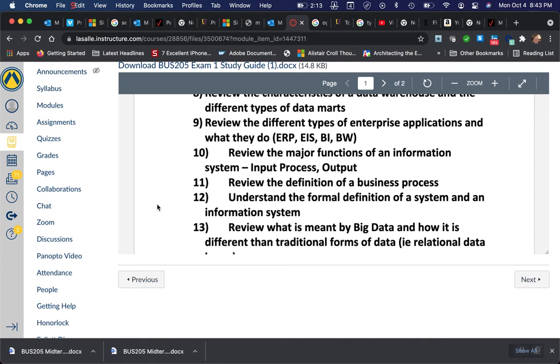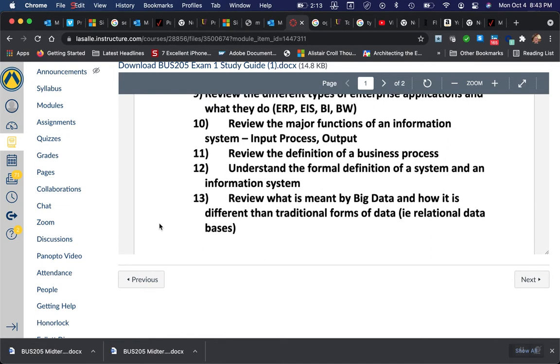Review what we talked a bit about big data and how it is different than the traditional forms of data. So the idea is that relational databases are good when we measure our data in the millions, but when we get up into billions of data elements, it becomes more challenging to use the relational model, and other tools and techniques have been adapted to leverage that.